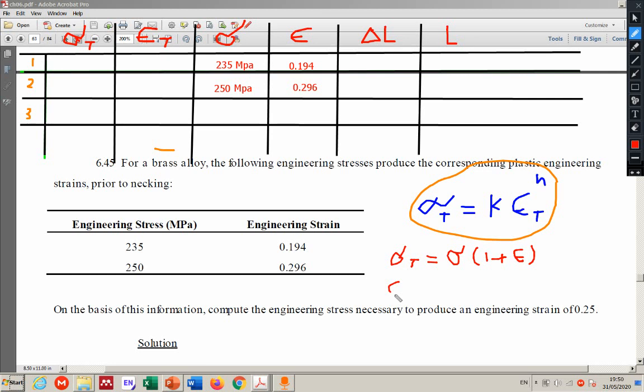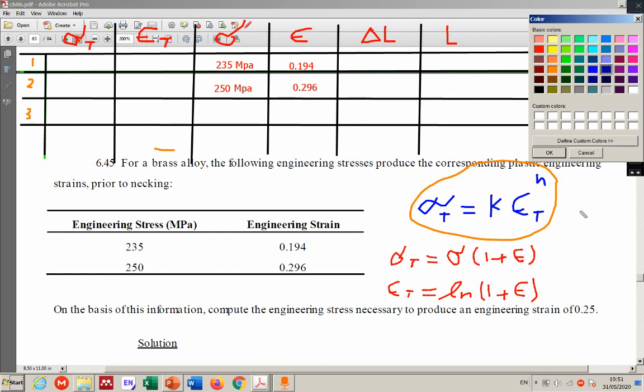And I know that if I want to find the true strain, it is equal to ln, natural logarithm, of 1 plus engineering strain. Do I have engineering strain? Yes, I have them. Do I have engineering stress? I have them. So I can simply find those four values there.